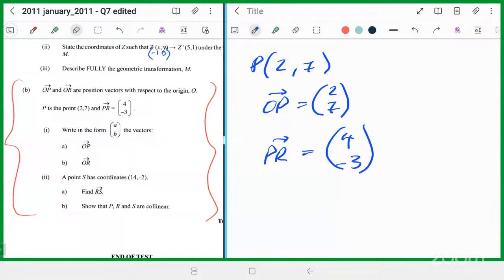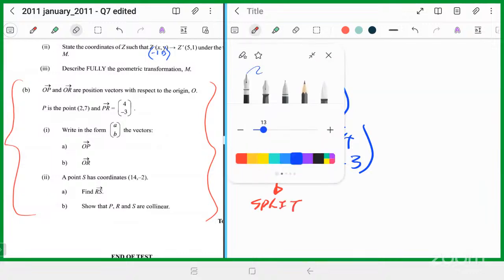A nice way to do it is to split it up into position vectors and make OR the subject. Since they give me this vector equation, I'm going to split this side into position vectors. That's a nice skill to have.